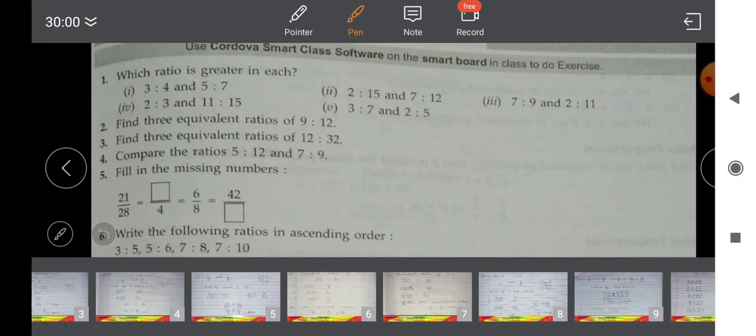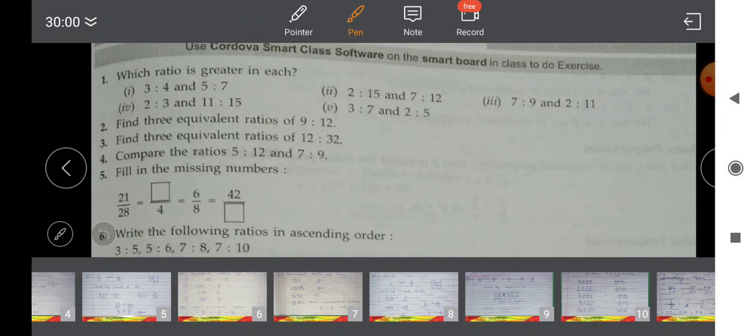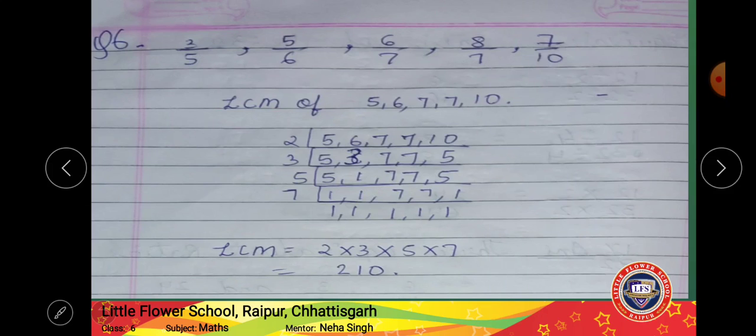Okay. Next. Question number 6, you have to arrange it in ascending order. Now ascending order, what does it mean? Small to big. Arranging the numbers small to big. The numbers are 3 by 5, 5 by 6, 6 by 7, 8 by 7 and 7 by 10.